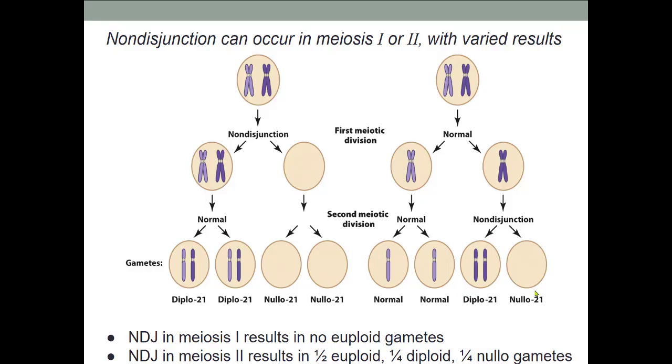And so if this were the case for somebody, they would have a decent shot at having a normal child here. You'd say sort of a 1 in 4 chance of having a Down syndrome child, and the nullo 21 would not likely be viable.